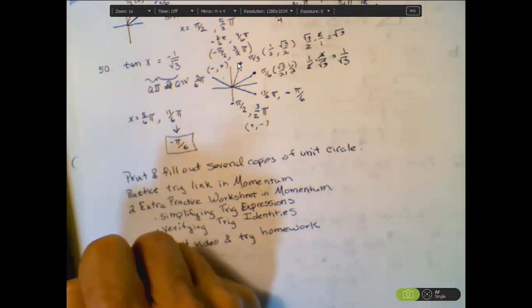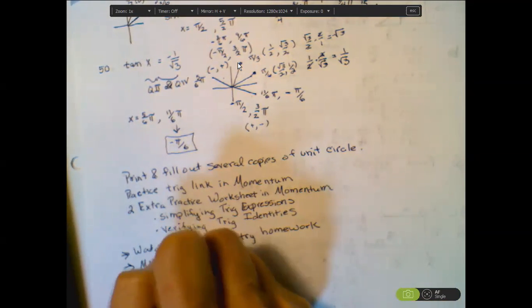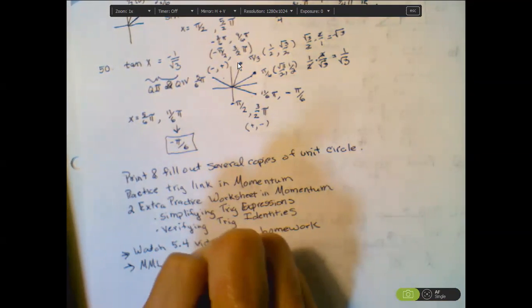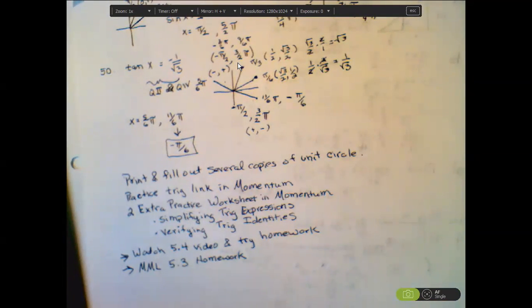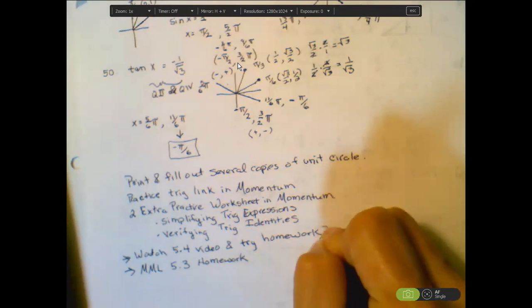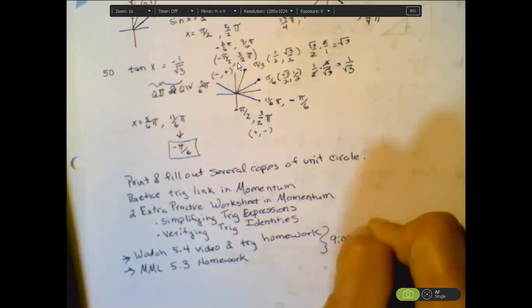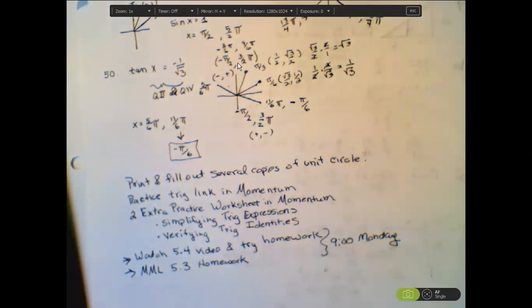And the last requirement is MyMathLab 5.3 homework. And it's not in there yet, but I'll find 6 problems like these problems in 5.3, and that'll be due at 9 o'clock. Actually, these 2 things are due at 9 o'clock Monday. These other things are just extra practice you can do to get more comfortable with what we're doing.